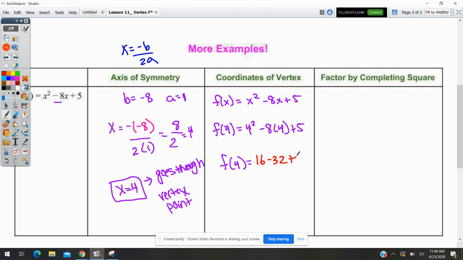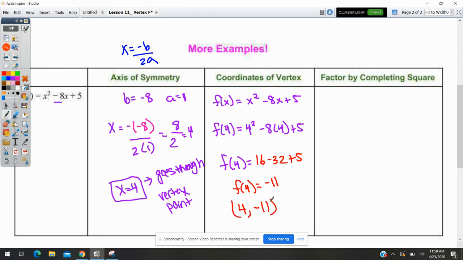And then plus 5. So 16 minus 32 plus 5 is negative 11. Okay, so this means our vertex is (4, negative 11).